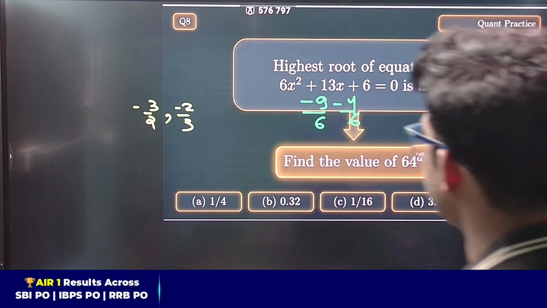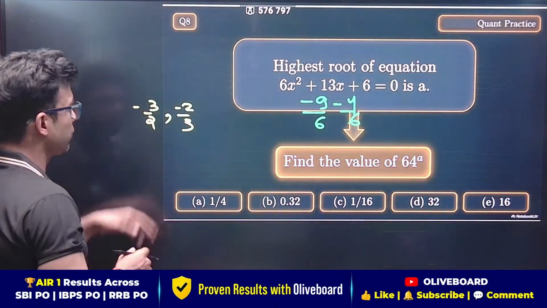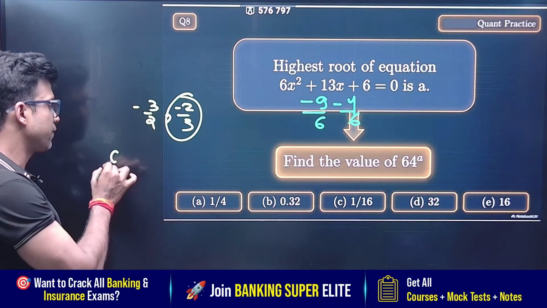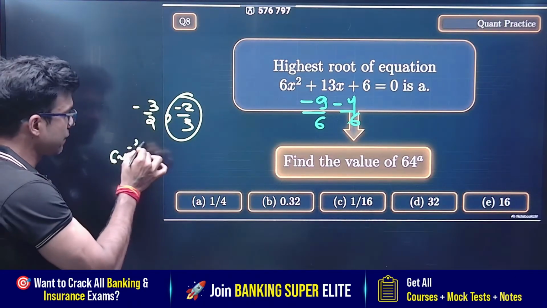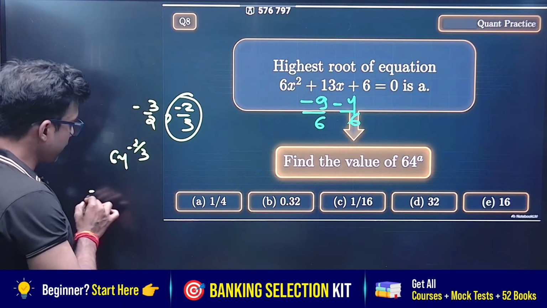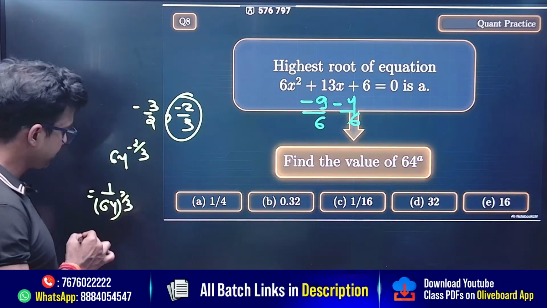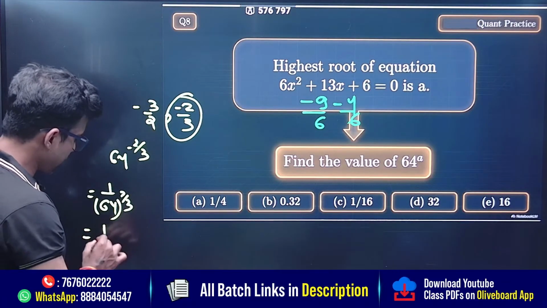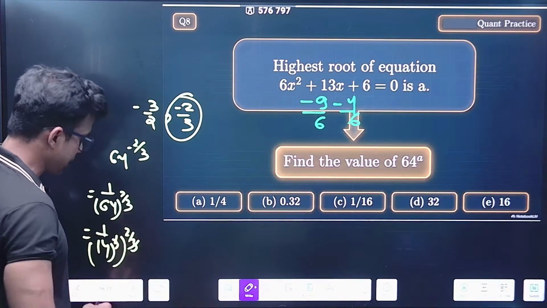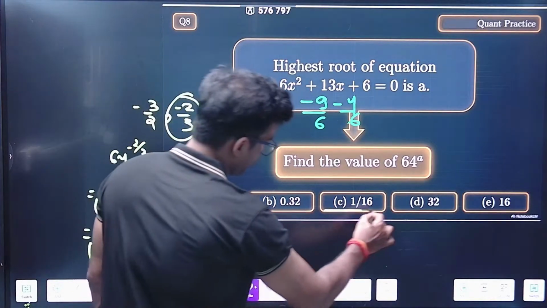They are asking highest root. Highest root is basically minus 2 by 3, am I right? So 64 power minus 2 by 3. Now 1 upon 64 power 2 by 3. This is 1 upon 4 cube power 2 by 3. 3 cancelled out. This is 1 by 16 is the answer. Option C.